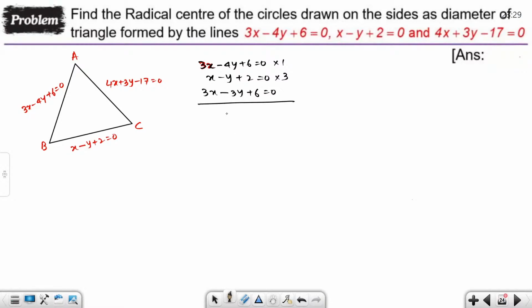So if we subtract, we are going to have minus y equals 0, which implies y is 0, right? y is 0, and if we put it in the equation, we are going to have x plus 2 is 0, which implies x is minus 2, correct? Therefore, the coordinate of B is (minus 2, 0), right? Now, let me try to solve this and this equation to get point A.